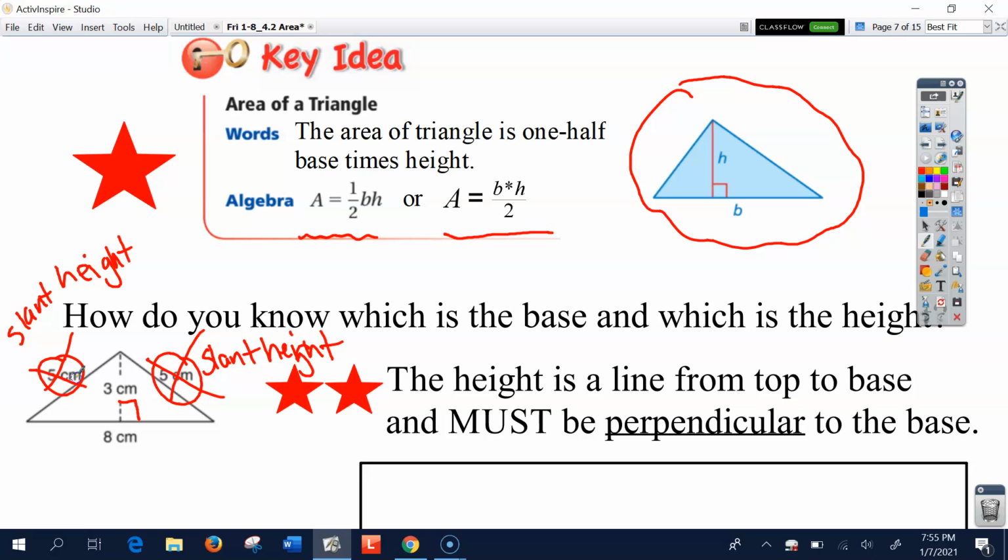I don't use those two numbers in my formula. I need the height of the triangle, which is from the top to the bottom, and then I need the base. So right now I know that the base equals 8 and the height equals 3. So remember, you're looking for the two numbers that are perpendicular to each other. Okay, next.